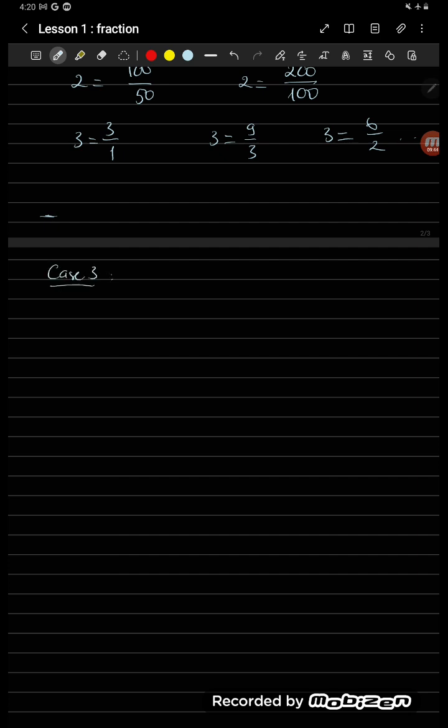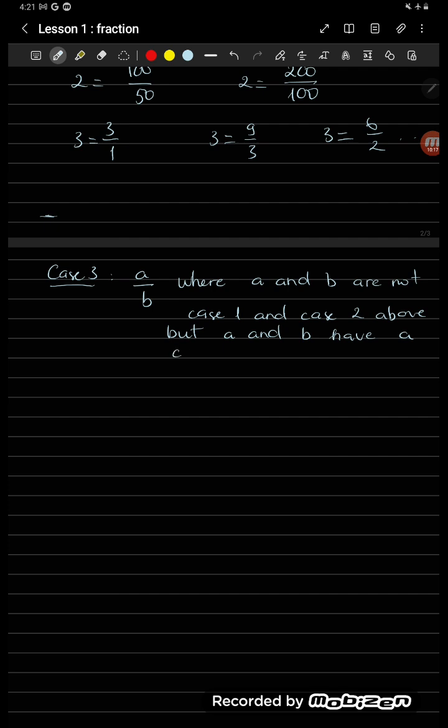So for case 3, A over B, where A and B are not case 1 and case 2 above, but A and B have a common factor.